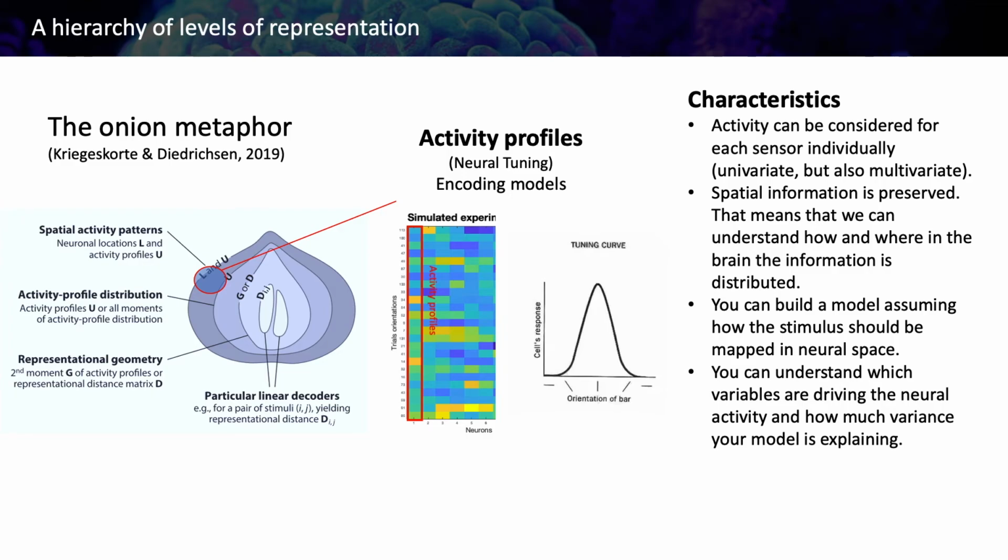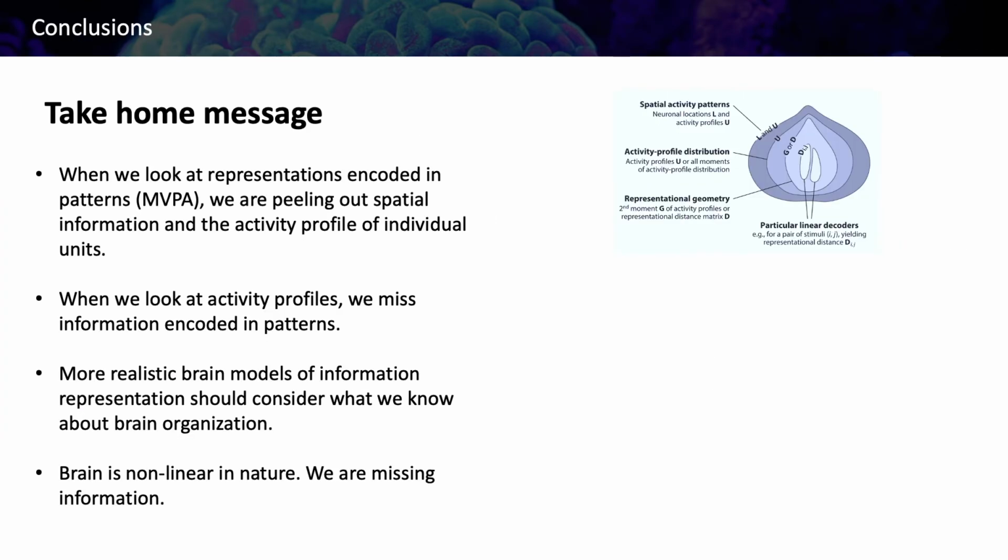But for the moment, I think this is a general description of the difference between the different levels of representation of information in the brain. So the take-home message of this part of the course is that when you are looking at representations encoded in patterns, you are peeling out the external information.